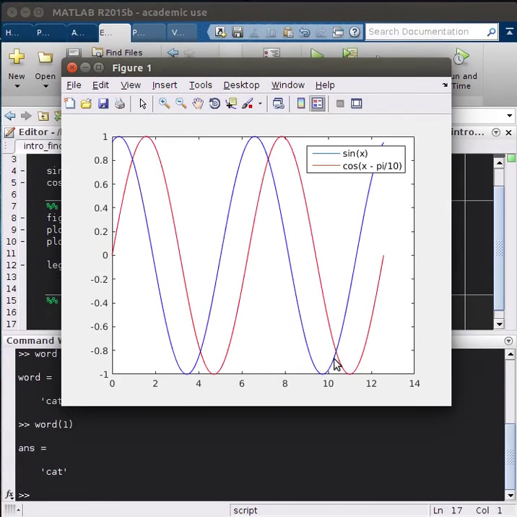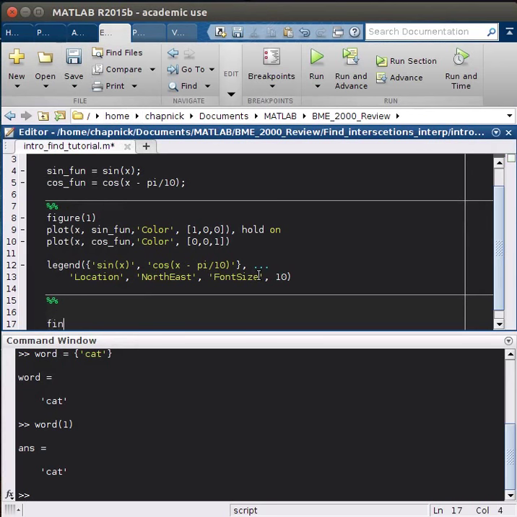Looking back at this, actually, let's do this one instead, because this one's right on 4. Let's find when x is equal to 4. So find x equal 4. And normally this find function will return a subscript for where this would be equal to 4.